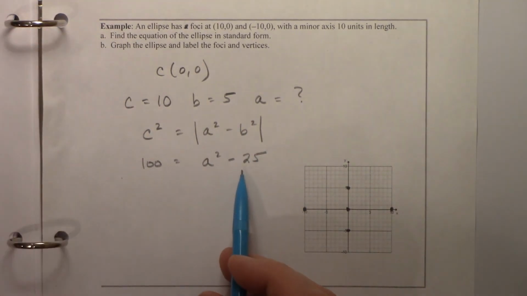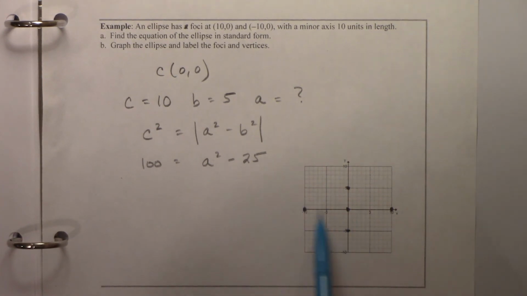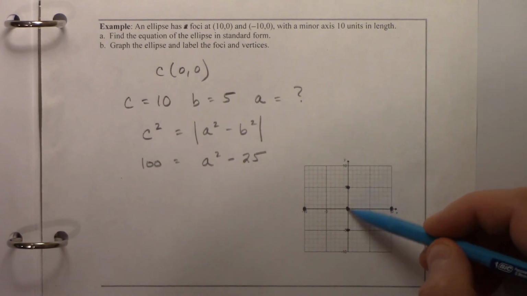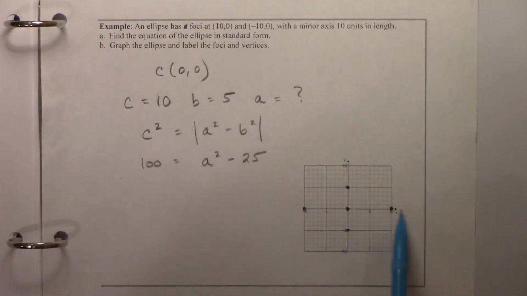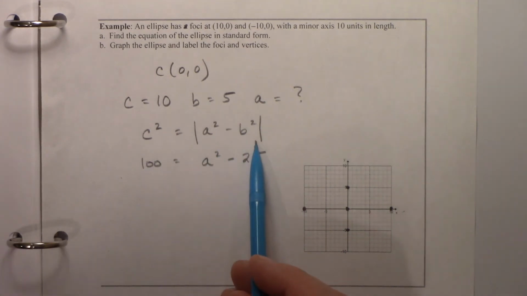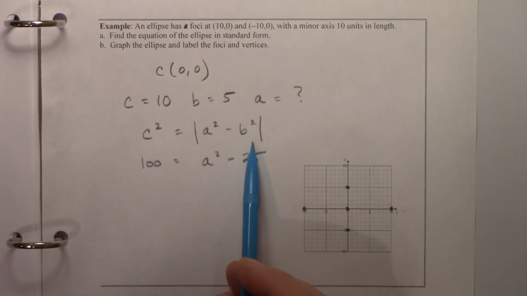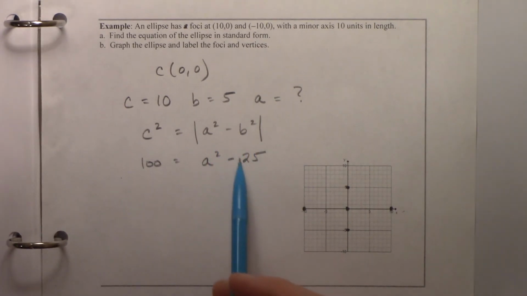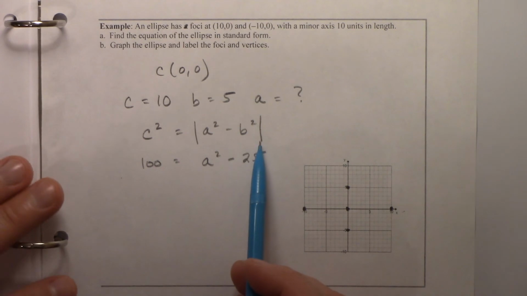Now if you look, we know that A is longer than B, right? B is 5 units. A is more than 10 units. So I don't need the absolute value bars. This difference has to be positive anyway because A is the larger of the two. So we can do without the absolute value.